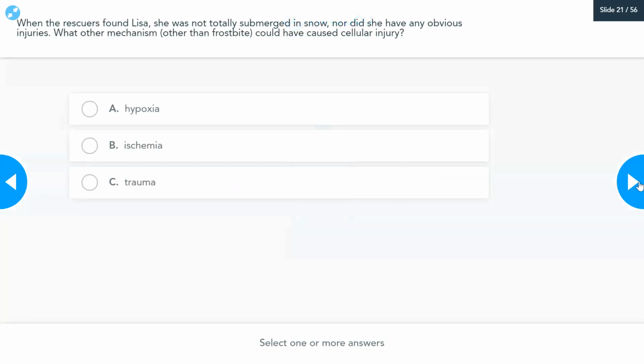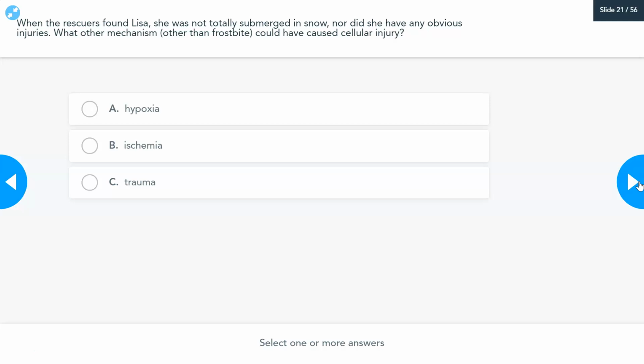So when the rescuers found Lisa, she was not totally submerged in snow, nor did she have any obvious injuries. So what other mechanisms other than frostbite could have caused cellular injury? So what do you think? Hypoxia, ischemia, or trauma?